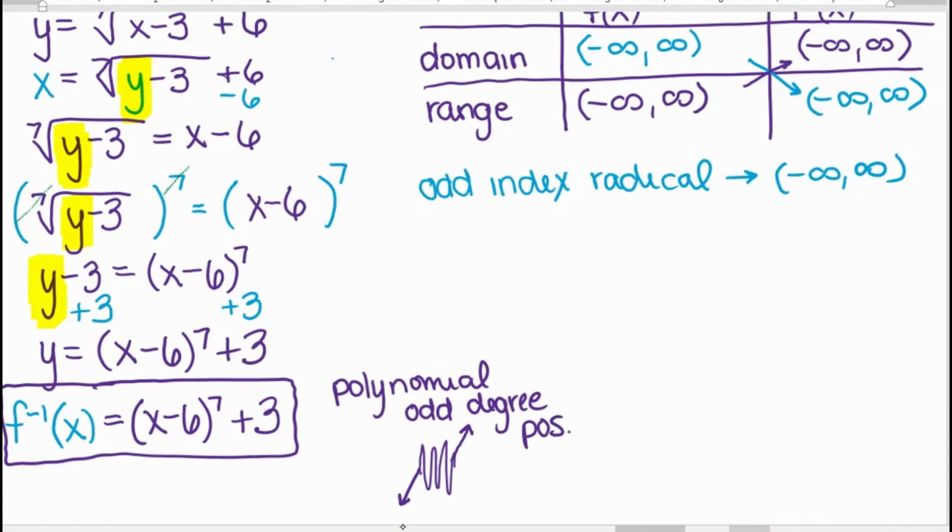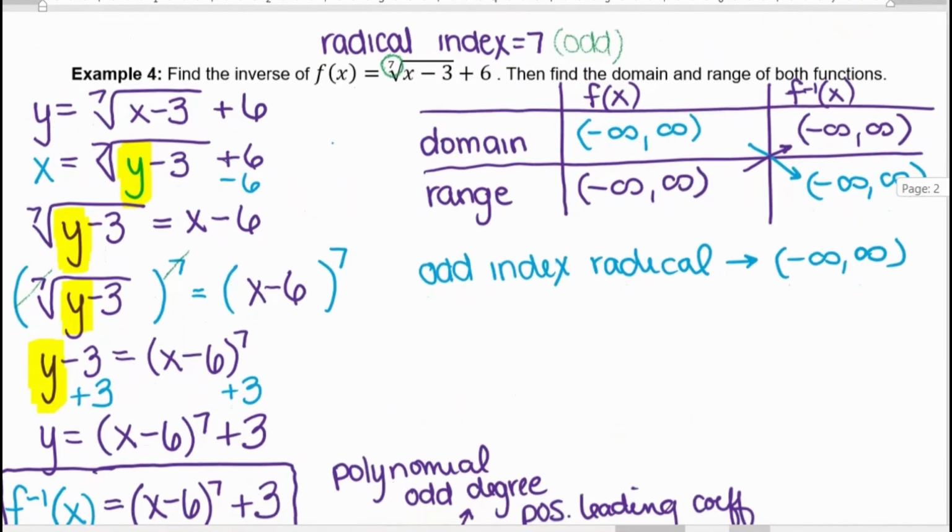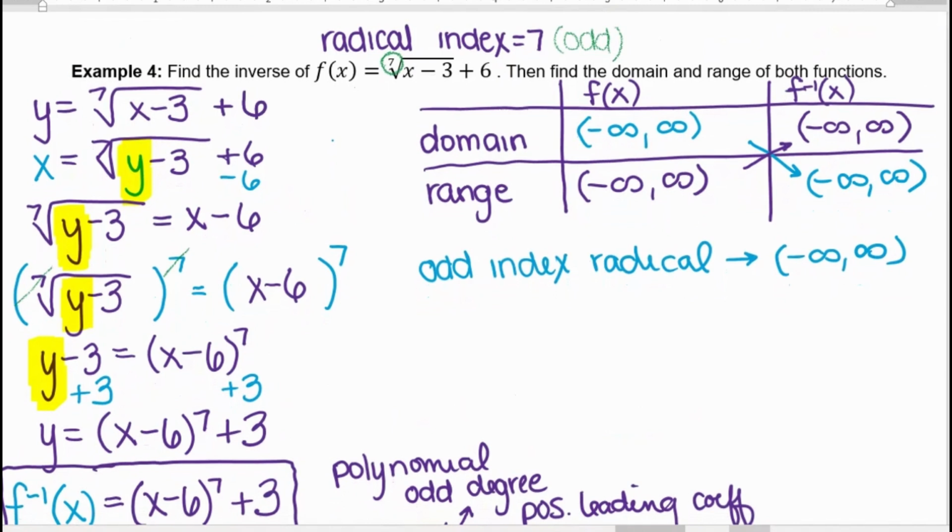Okay? So remembering our polynomials also helps out because we need it for our domain and range when we're talking about our inverses. So don't forget everything you've already learned.